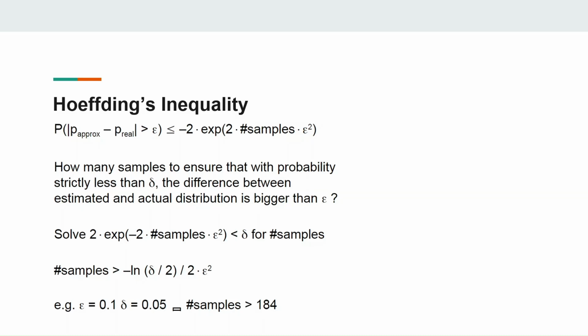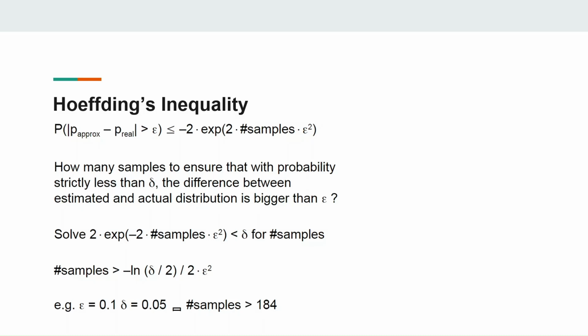But we want to know how many samples to ensure that the probability is strictly less than delta, the difference between estimated and actual. It's going to be the logarithm of a number smaller than 1, so it's going to be negative. But why are we taking the logarithm?